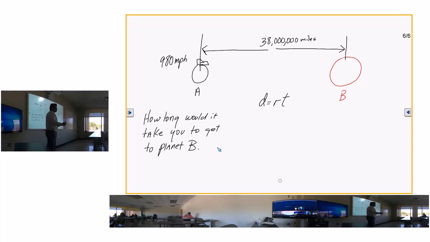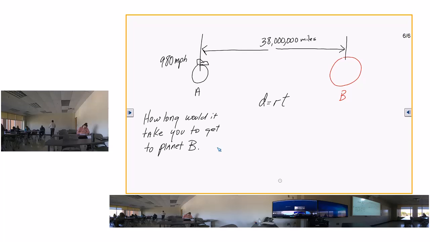Rate is the same thing as speed. But don't say that to a physicist because they'll have a cow. All right? So, I want T. So you can solve the equation for T first, or you can put the numbers in and solve for T after you put the numbers in. I don't care which one you do, but I want to know what the time is.